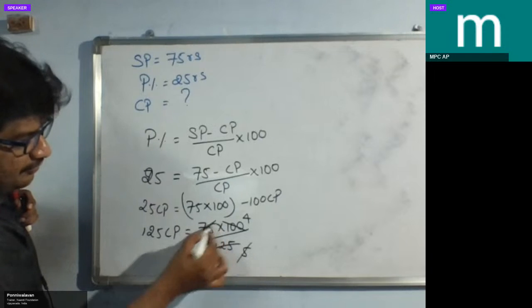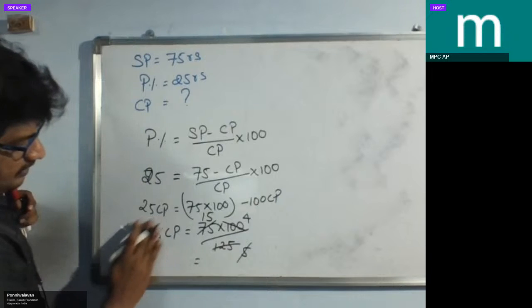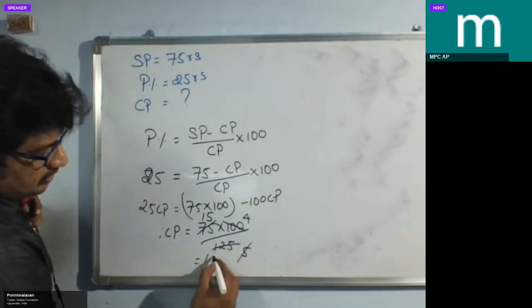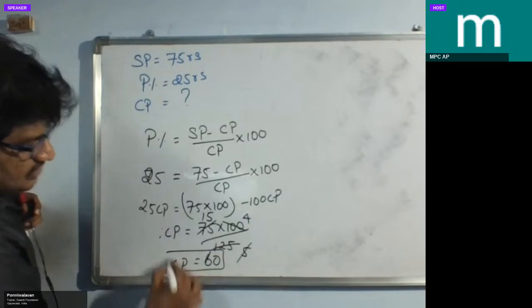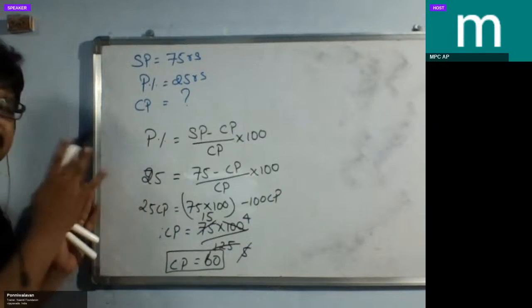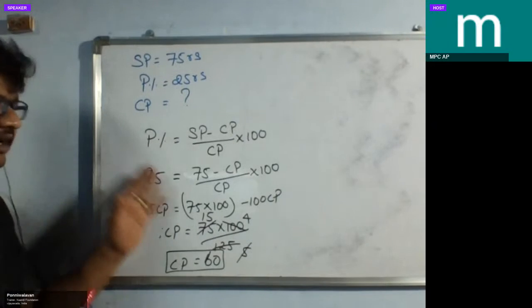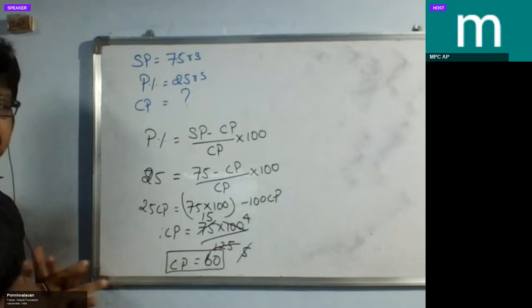If you divide by 5, this is 15 times. 15 into 4 is 60. So what is the cost price? 60. So this is the regular method.